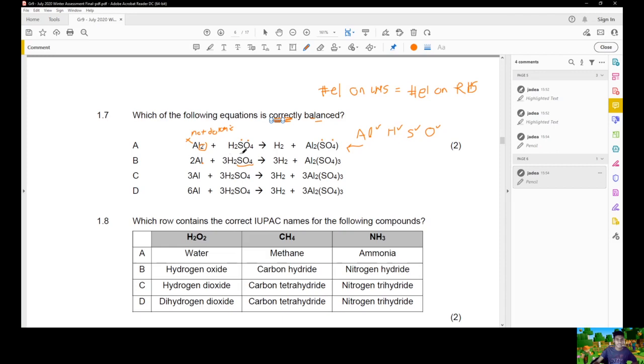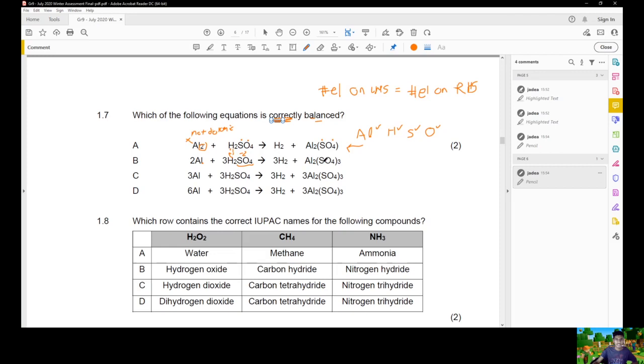So if I write it like this, sulfate is a -2, hydrogen is a +1, but I've got 2 of them, so in total, that's +2. The valencies in this compound all add up to 0. So H2SO4 is correct. On the right-hand side, H2 is correct because I know that H is diatomic.